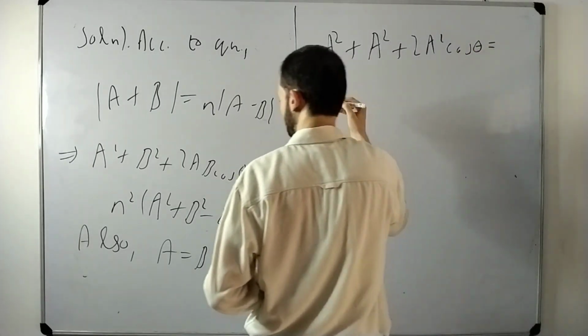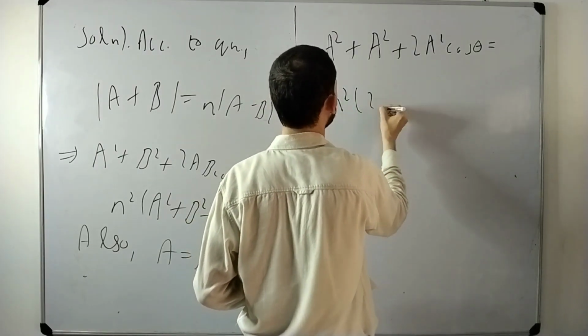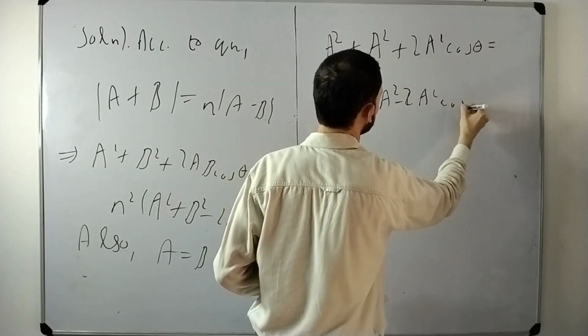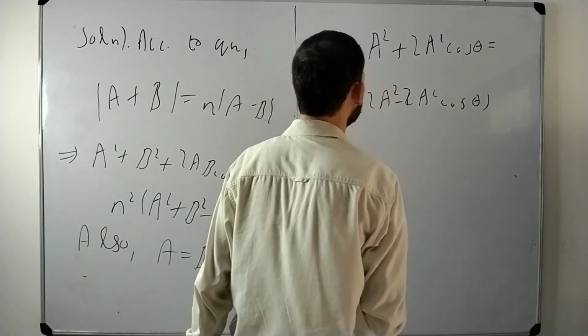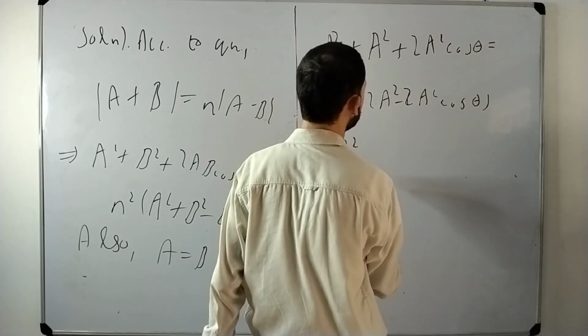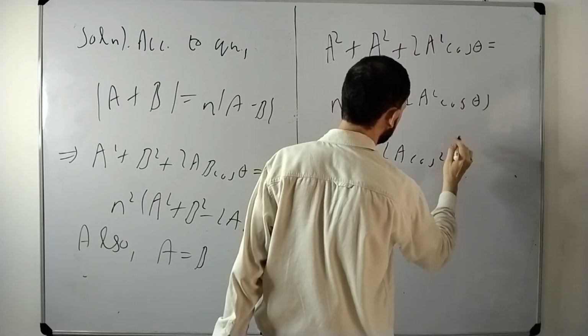Now it becomes such an easy question. Otherwise 2A square minus 2A square cos theta. Right, students? And this is 2A square plus 2A square cos theta.